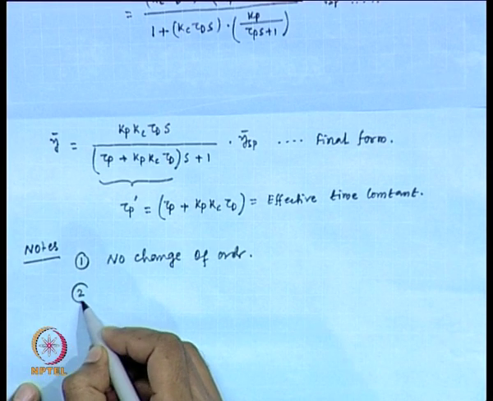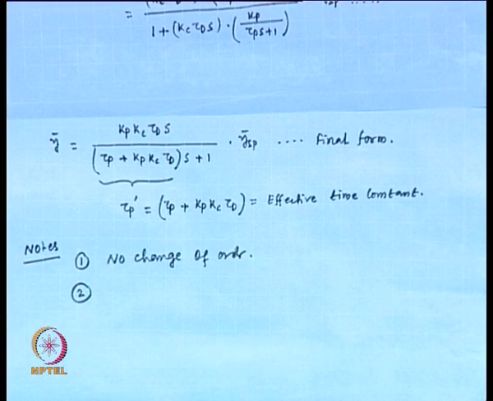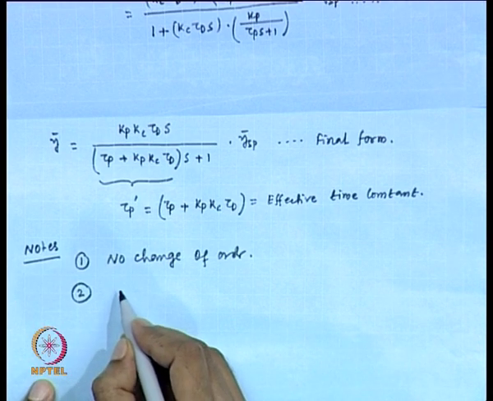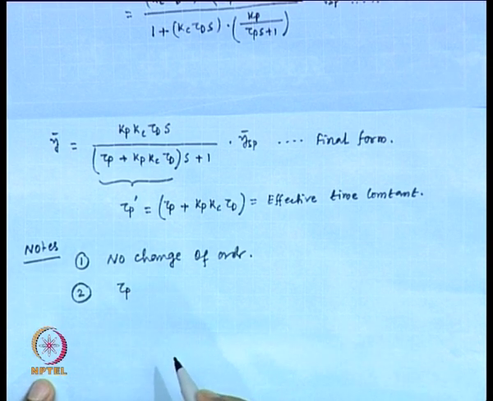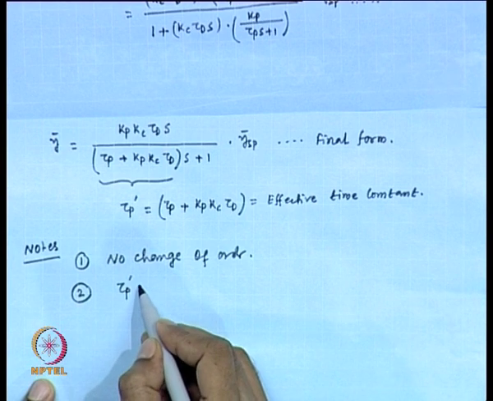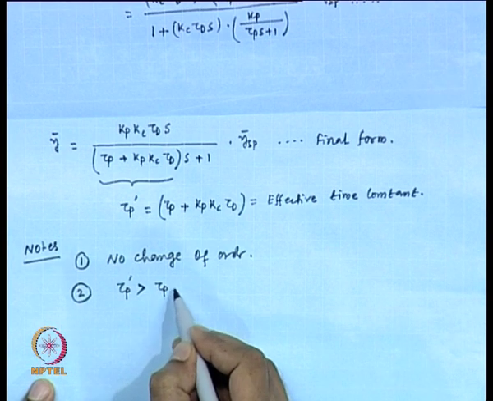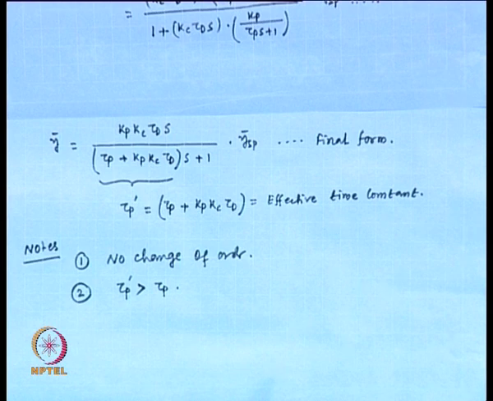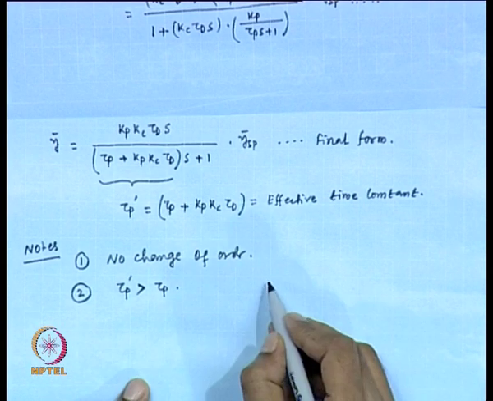Second point is regarding the time constant. The time constant tau p prime is greater than tau p, because Kp Kc is positive and tau d is also positive.